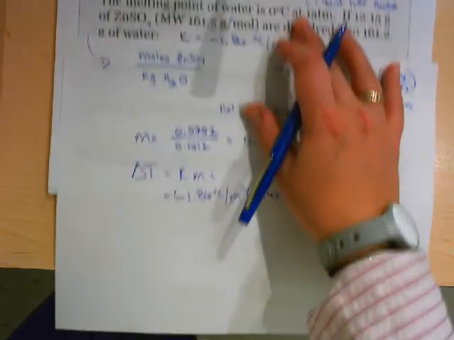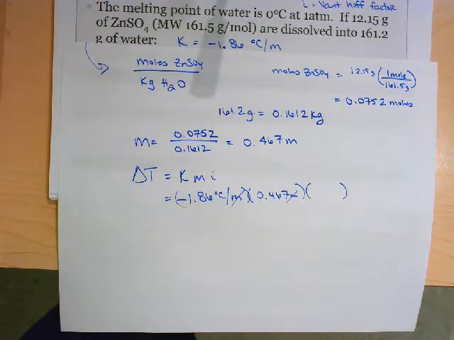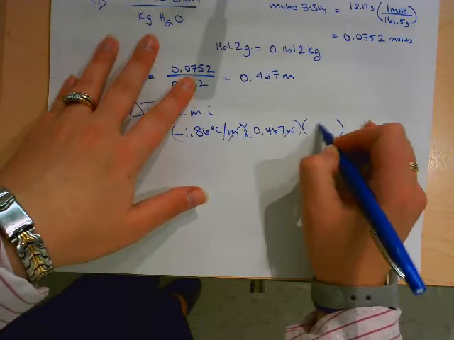Alright, zinc sulfate. What do we know about sulfate, SO4? It's an ion, right? So if it's zinc sulfate, that should be an ionic compound. So how many pieces should it break up into? 2. We're going to put 2 in there.